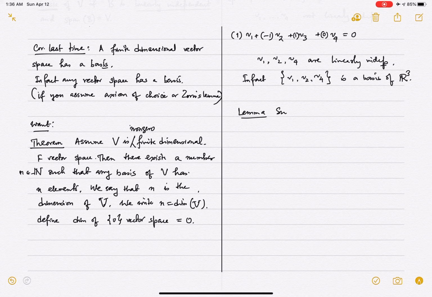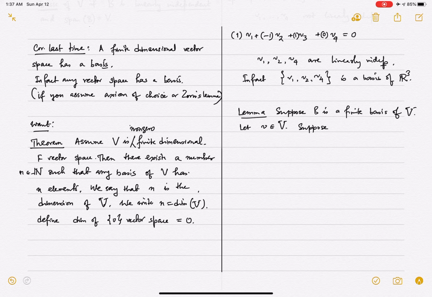So suppose B is a finite basis of V, and let's also give ourselves a vector, and let V be a vector.